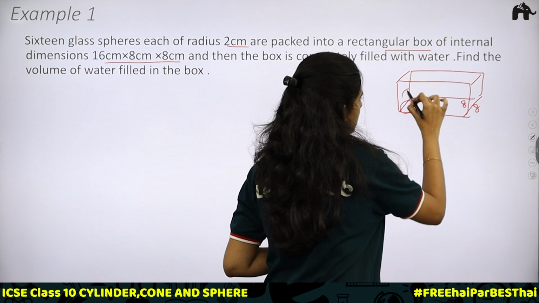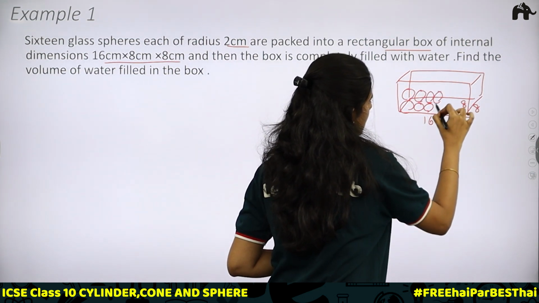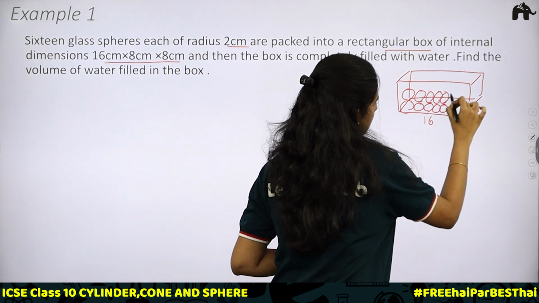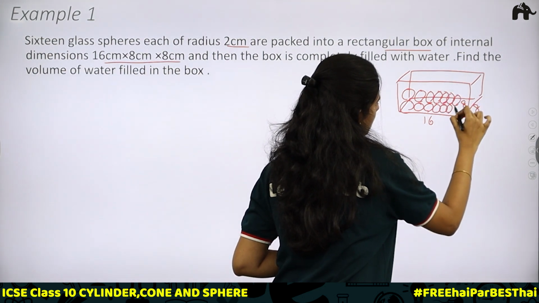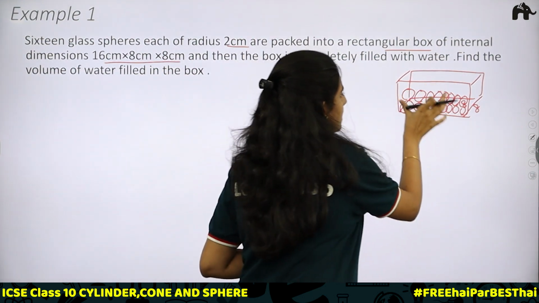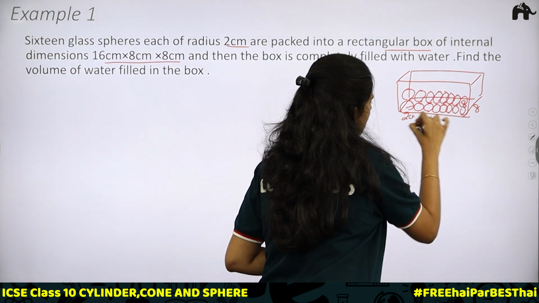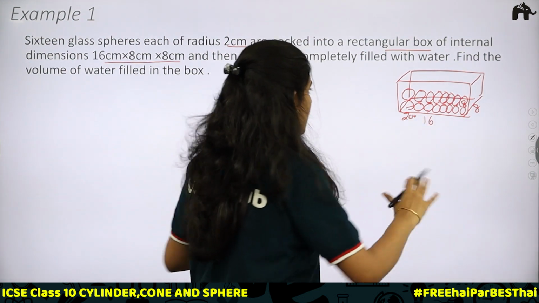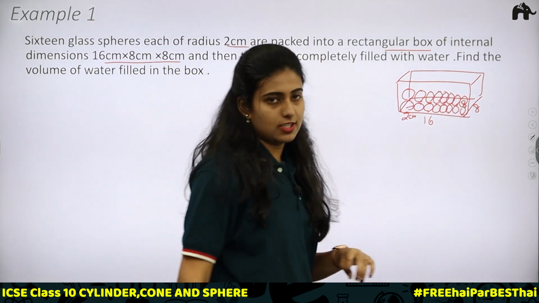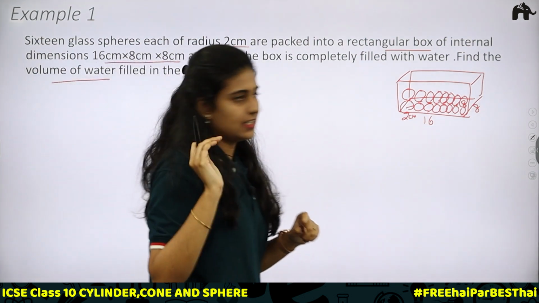Within this box we have 16 glass spheres, and the remaining portion is filled with water. What we need to find is the volume of water filled in the box.